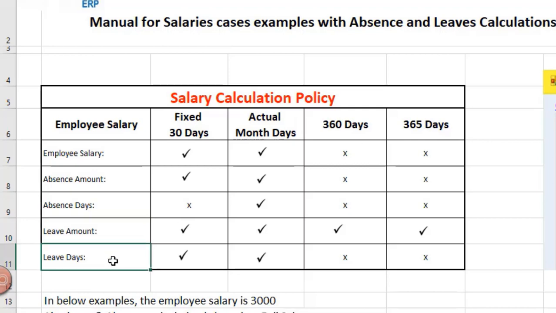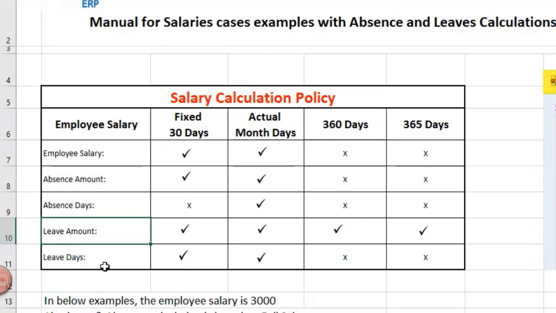However, in the leave days, as you can see here, just like the absence amount, it can be based on the fixed 30 days and the actual month days. However, 360 and 365 days are not applicable. So the only one which applies to all of them is the leave amount, and those first two along with the last one can be based according to the same thing.